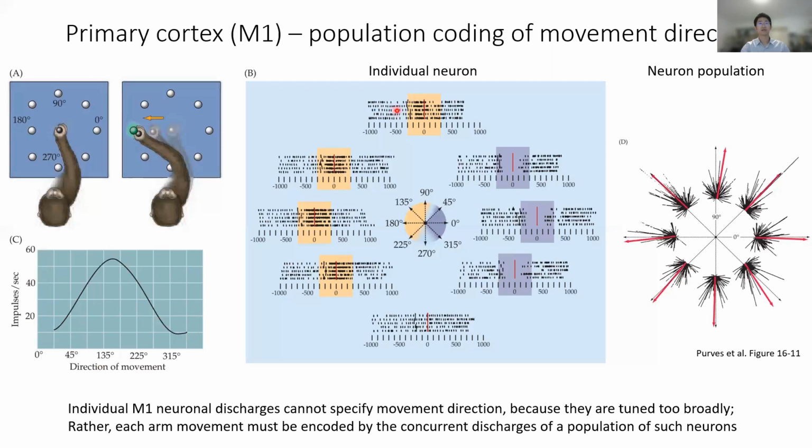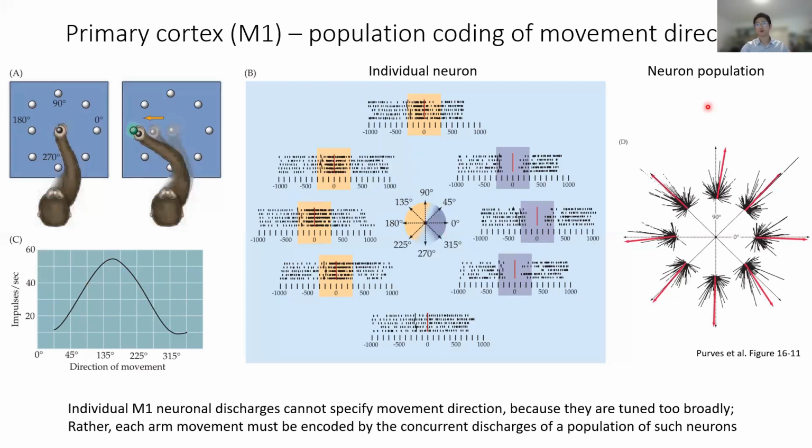It seems this individual neuron is tuned mostly to be active at this particular direction. However, if we use only this neuron to control direction, it will be very inaccurate, because it is active from about 90 to 200 degrees. They are all active, so we cannot rely on a single neuron.